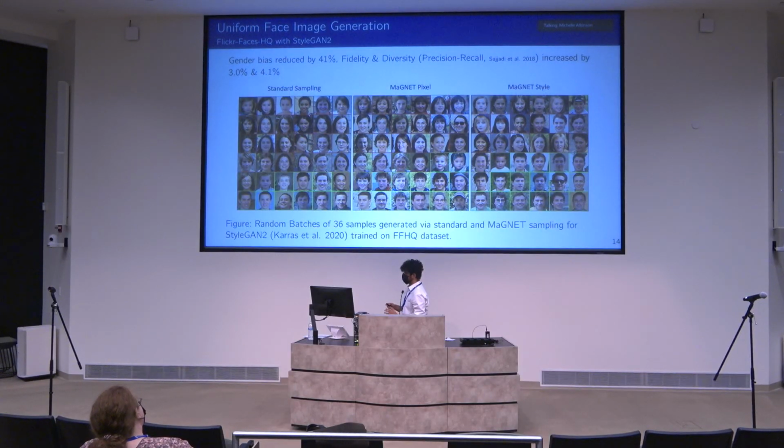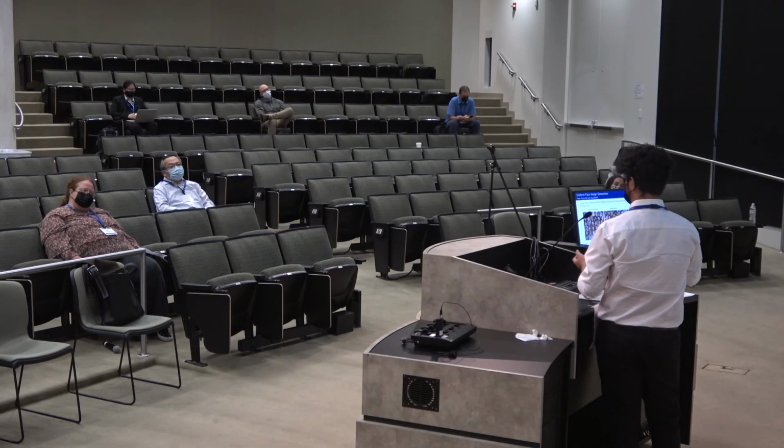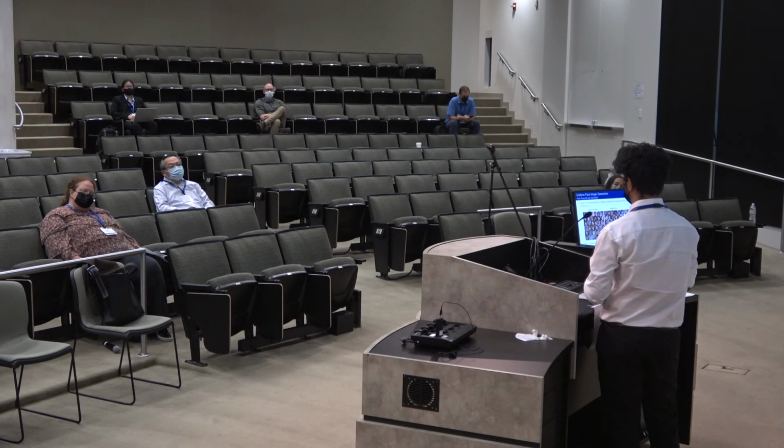And the most interesting bit is when we're using MaGNET on style space, so uniform over the style space, through this method, we can reduce the gender bias of a StyleGAN2 by 41%. So we have a pre-trained StyleGAN2 that generates 67% female when it's sampled naively. But then when we use MaGNET to make it uniform, no retraining, no labels required, we can reduce the gender bias.